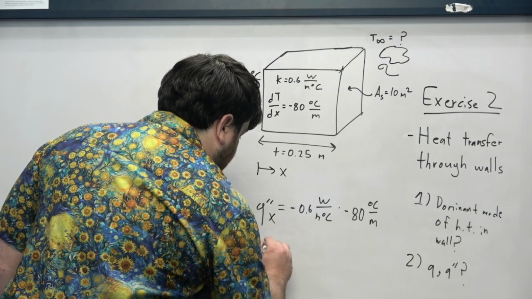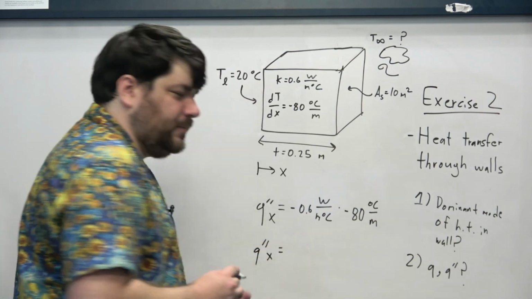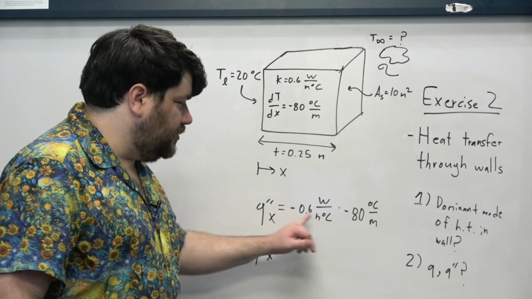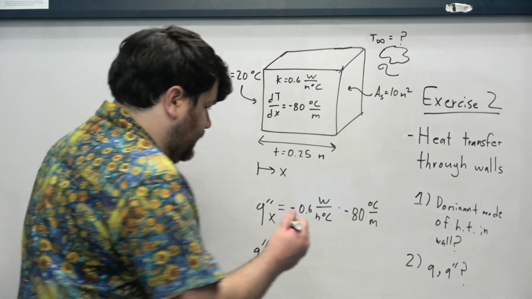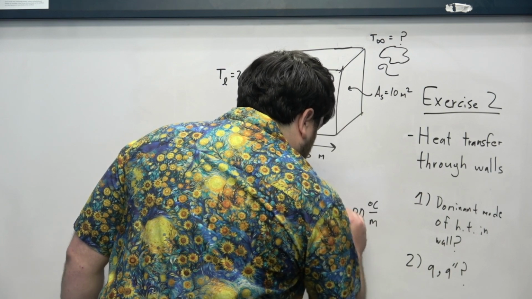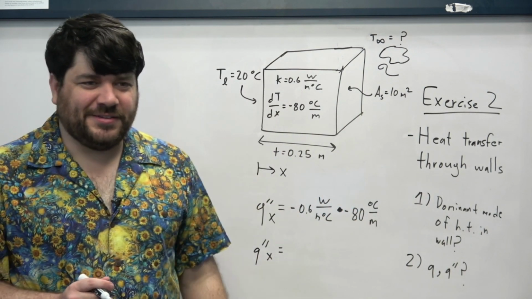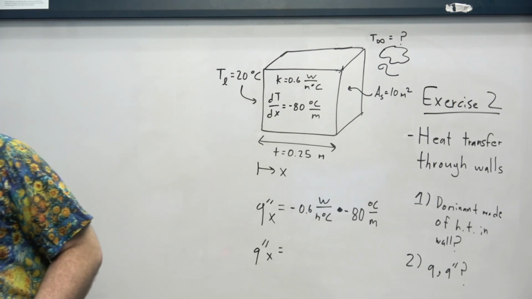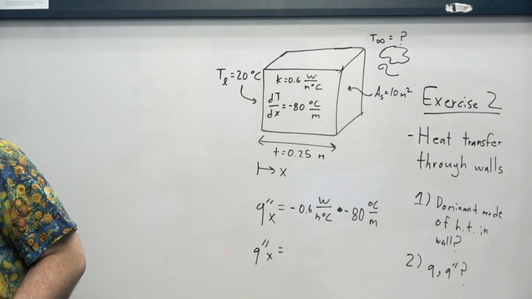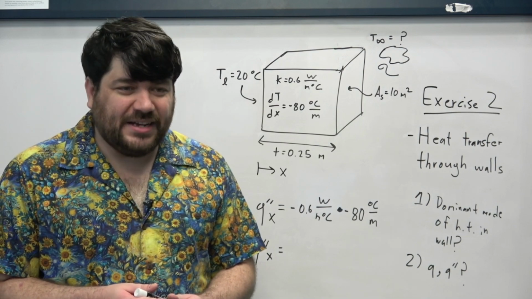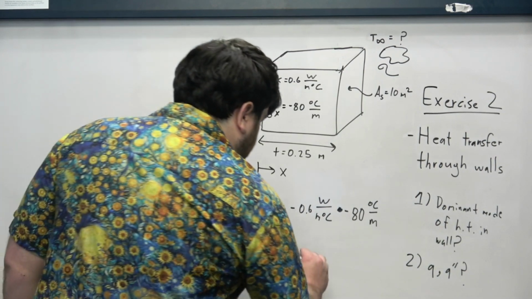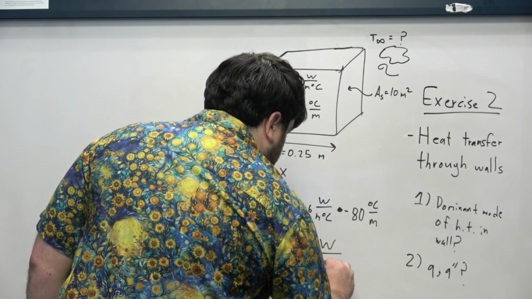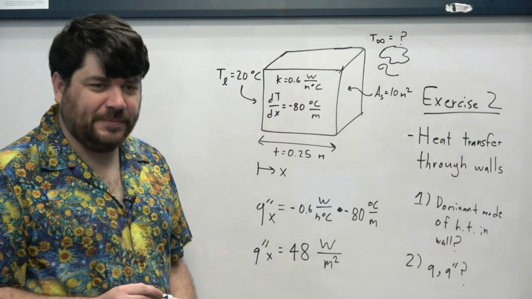And when we actually write down what that expression looks like, notice that there's two negatives here. So we're multiplying, and we make this dot a little bit bigger. We're multiplying negative 0.6 times negative 80. And when I actually write down what that number is, of course, the number is going to wind up being positive. And so then this is a positive 48 watts per meter squared.